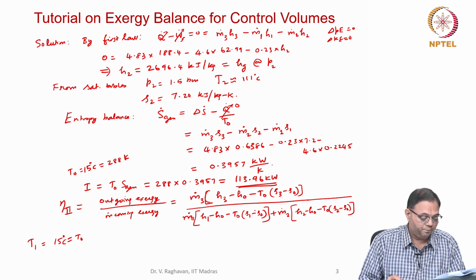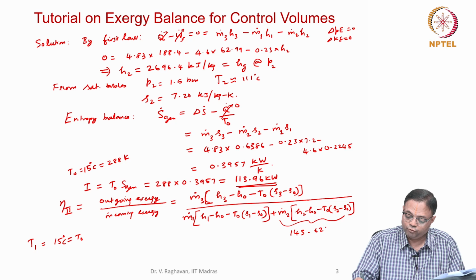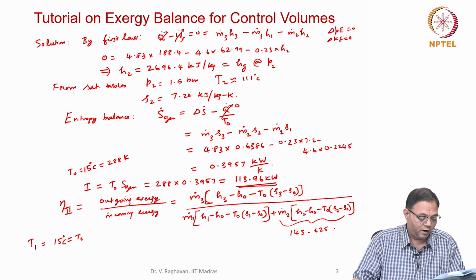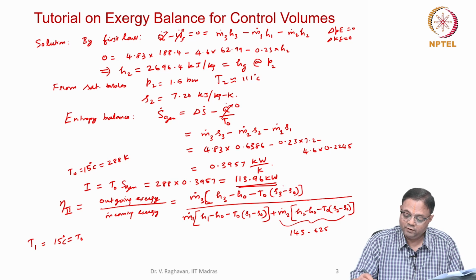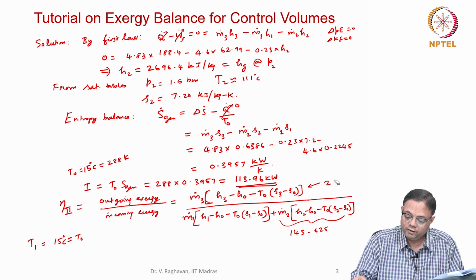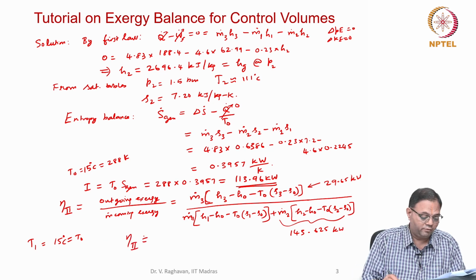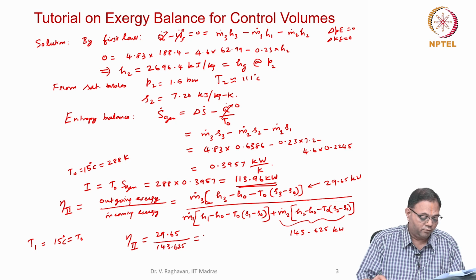We can find the value of this as 143.625, and for this we can find the value as 29.65 kilowatts here also. So that means the second law efficiency will be equal to 29.65 divided by 143.625, that will be around 20.64 percent.